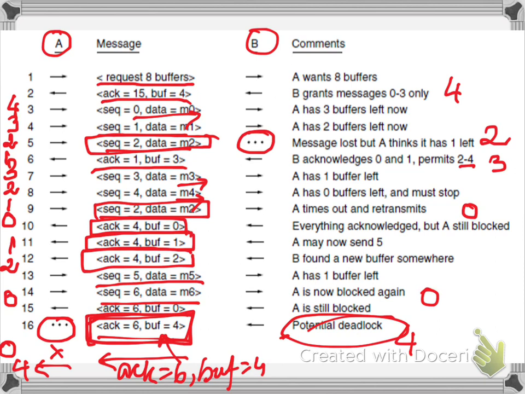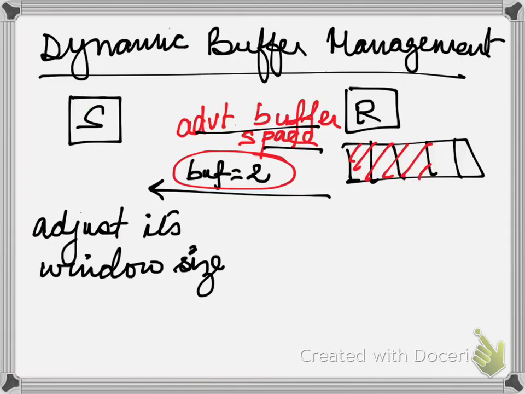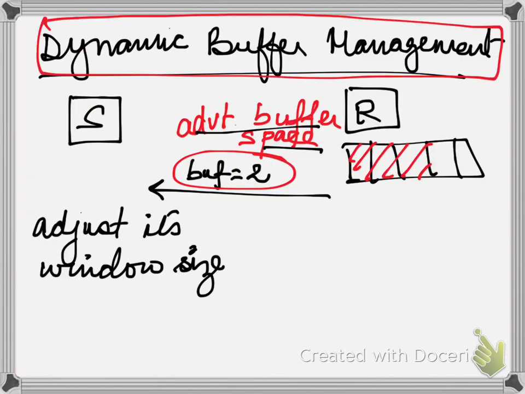It will adjust its sending window size to 4 and then start sending the data. This method is known as dynamic buffer management in flow control. So that is all in the flow control and buffer management aspect of the transport layer.